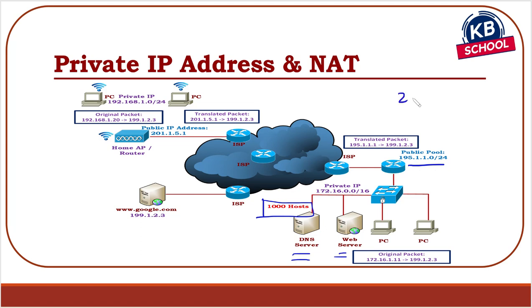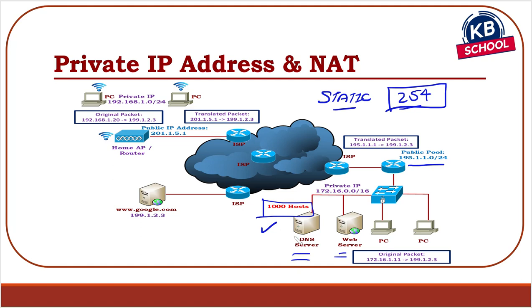You're assigning about 254 public IP addresses, but at the same time you're saving yourself: rather than assigning for 1,000 hosts, you're only assigning 254 public IPs. So you're still saving a whole bunch of addresses, although it's not dynamic, it's still static. This company will have a range of 195.1.1.1 through 254 as its public addresses.